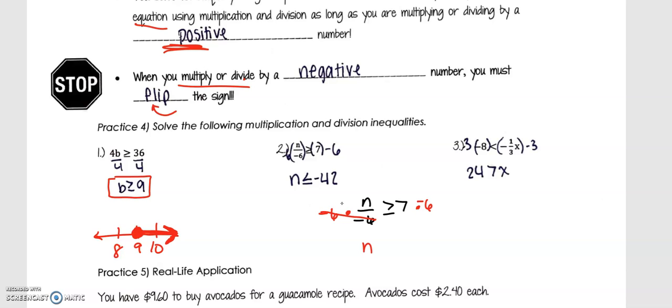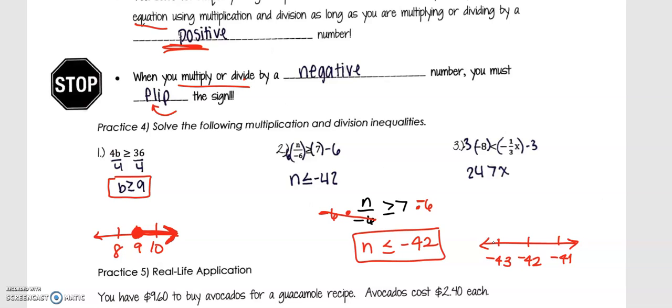Remember, I'm multiplying both sides by a negative number, so when I rewrite this, I'm just going to flip that sign right away. And there's my final answer. n is less than or equal to negative 42. And again, I could graph that, put negative 42 on the number line. Closed dot because it's or equal to, and it's all numbers less than negative 42, so that's this way.